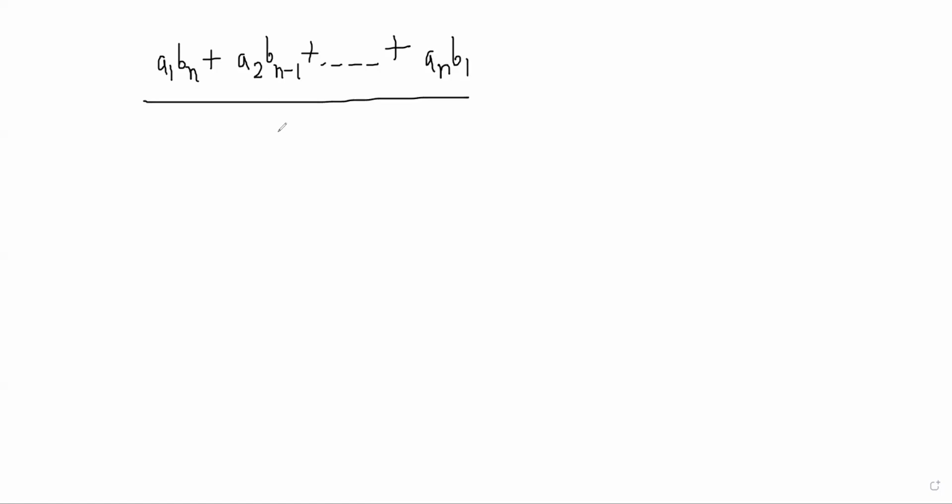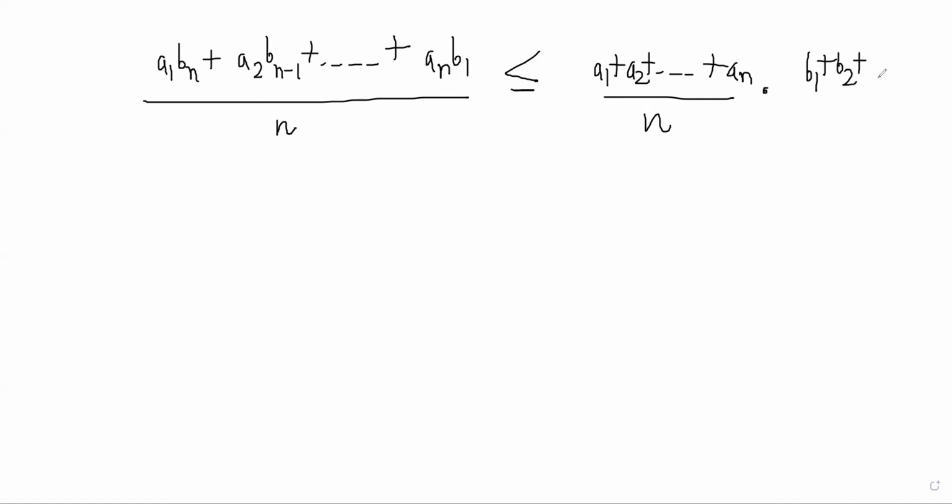I write a1 bn plus a2 bn minus 1 plus an b1 divided by n is less than equal to a1 plus a2 plus an by n multiplied by b1 plus b2 plus bn by n.